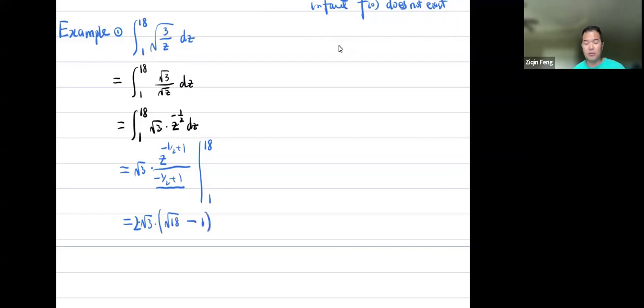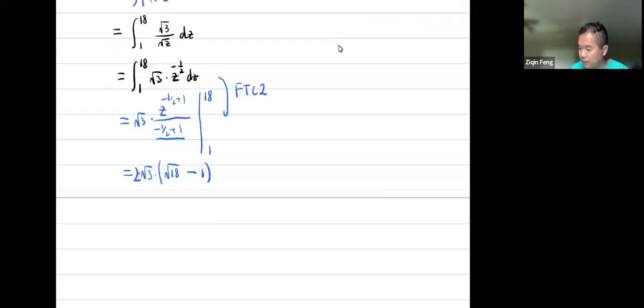So this is how we evaluate this definite integral: we applied FTC part 2, the fundamental theorem of calculus part 2.